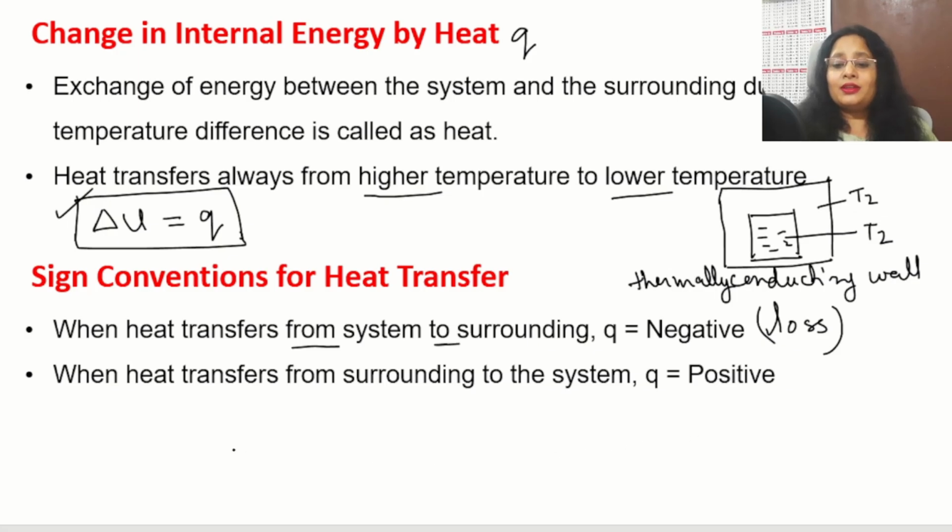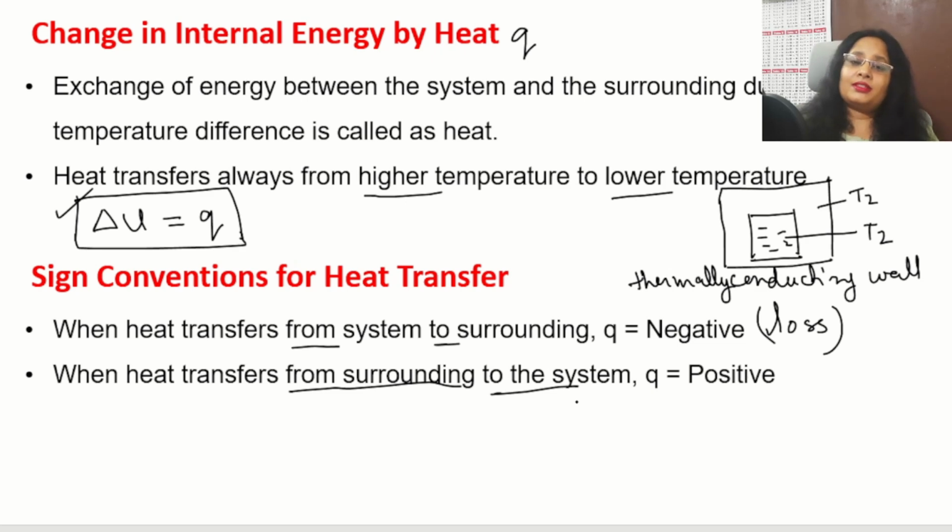Now next point is when heat transfers from the surrounding to the system. When the surrounding has more temperature and the system has less, then the heat flow direction will be from the surrounding towards the system, from outside to inside.